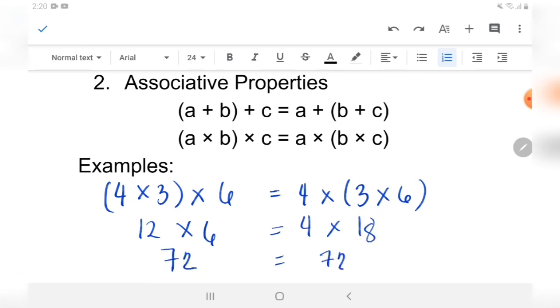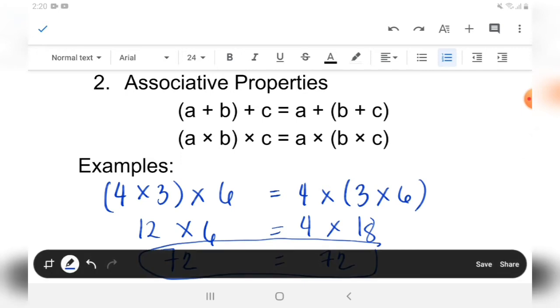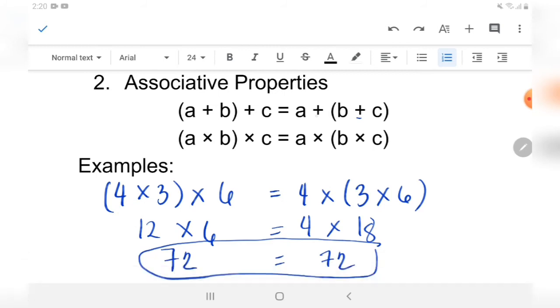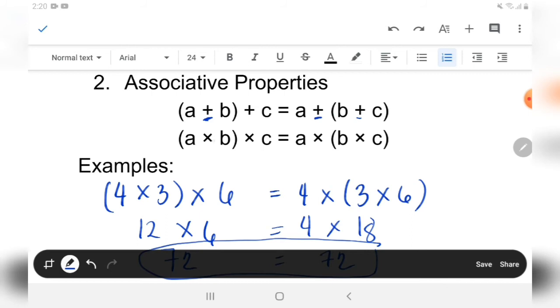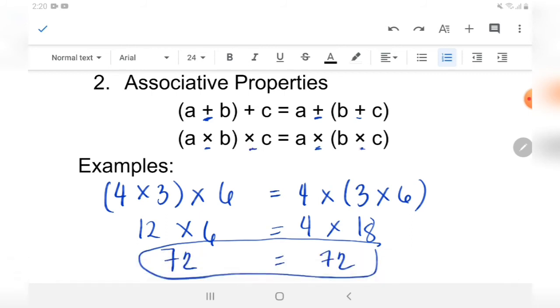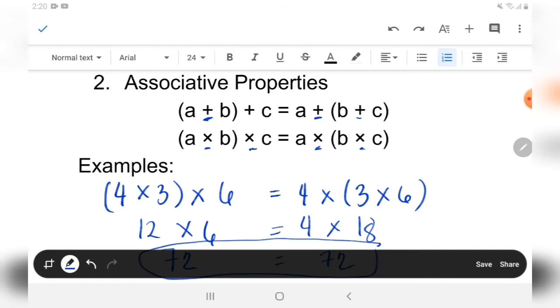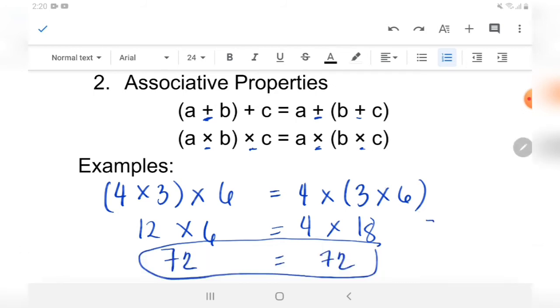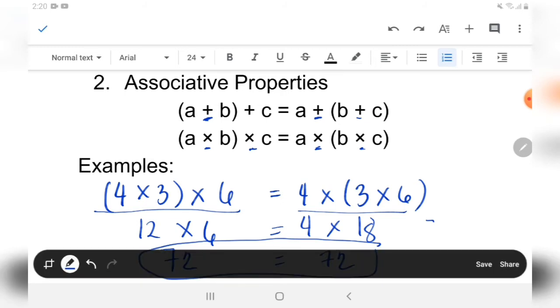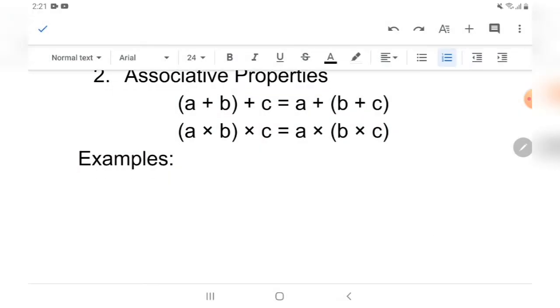Next would be 72. They are the same, right? So this shows that when we add or multiply three numbers together, it doesn't matter how we group them. Even if we rearrange this, the answer is still the same. Okay, so that is associative property.